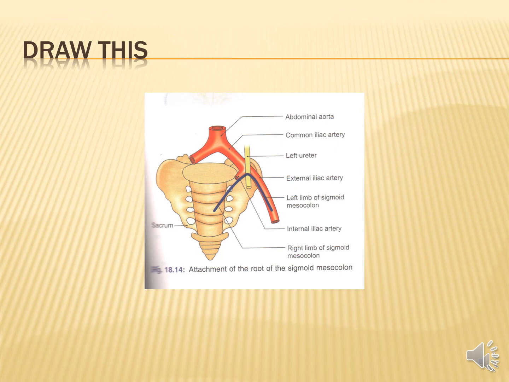The apex of this mesocolon encloses the recess, intersigmoid recess, and it crosses the left ureter, and it has two limbs, right and left limb. The left limb lies along the left external iliac artery, whereas the right limb extends till the S3 vertebra. It contains the sigmoid branches of superior rectal vessels.